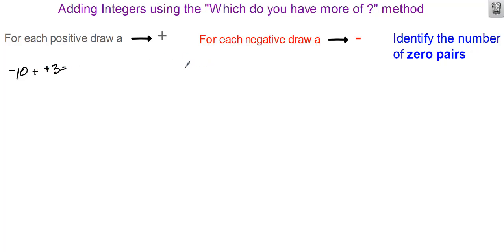And you have the problem positive 9 plus negative 5. And finally, negative 2 plus negative 5. So go ahead, pause the video, do those 3 problems, and then come back and we'll discuss those.